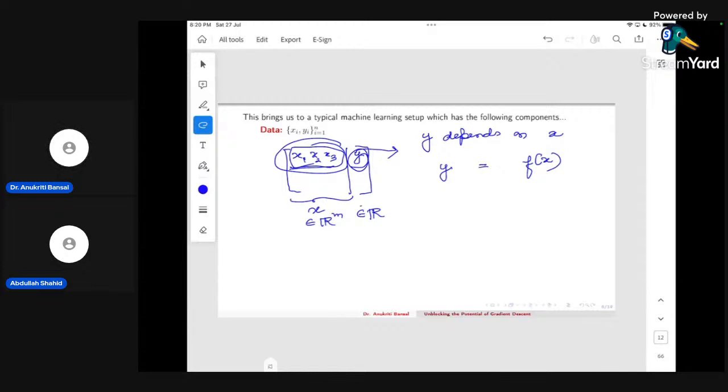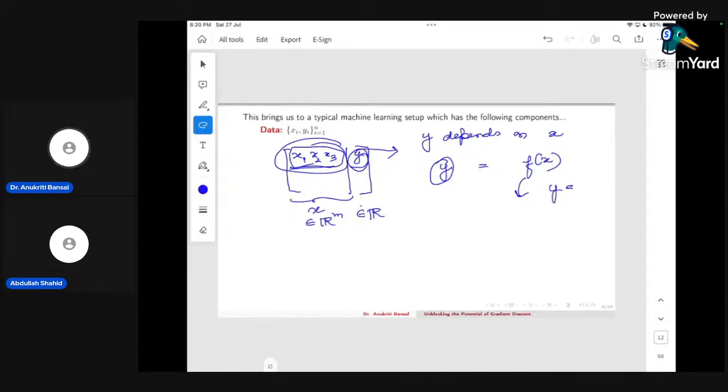So f is a function which provides me a relation for x which gives me the value of y. Now, if I know this function, there is no problem at all. I will definitely get the ratings. If I know how x is related to y, it's no problem.